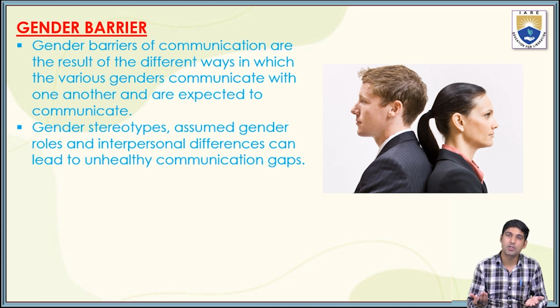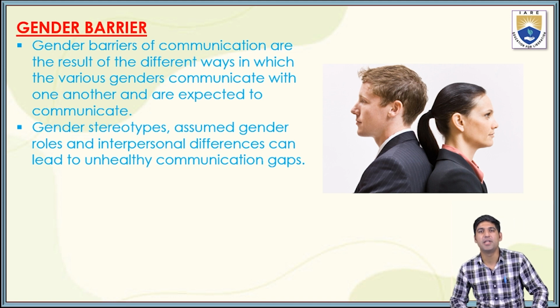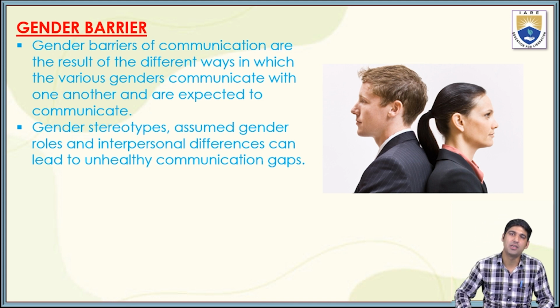In reality, that's not indiscipline. It's her right to talk in an assertive way. So it becomes a barrier. Gender also becomes a barrier, because we have set some gender roles, and those roles prevent both men and women from communicating in a very free manner.